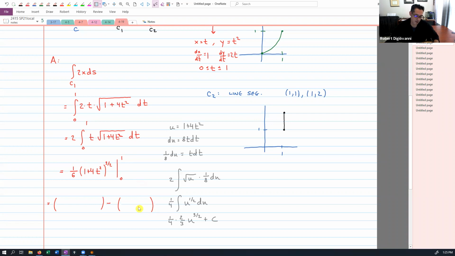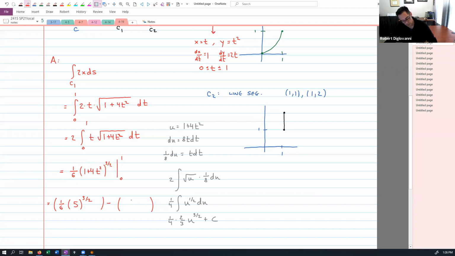All right, so if we plug in 1, 1 squared is 1 times 4, that's 4 plus 1 is 5. So we have 1/6 here, and then we have 5 to the 3/2, right? That's what that is. And then minus, if we plug in 0, we don't get 0. Be careful here. This is 0, but then we have a 1 there. So 1 to any power is still 1.